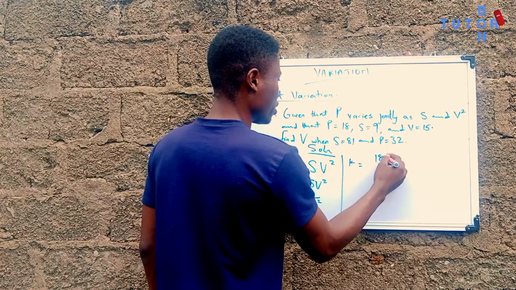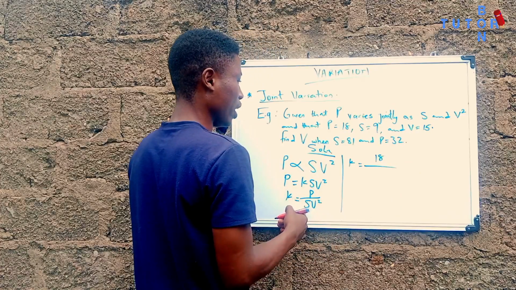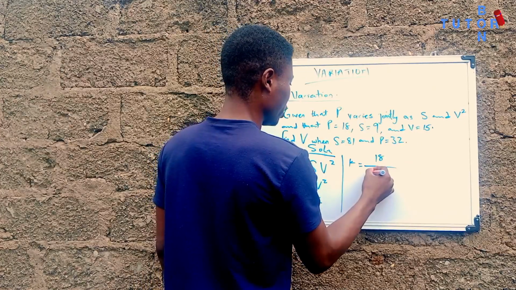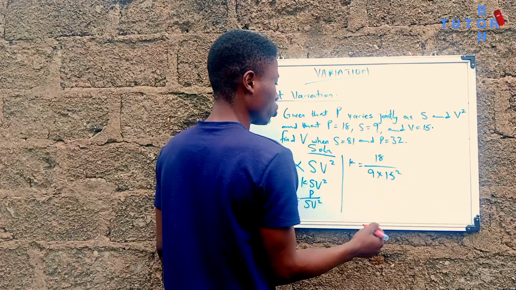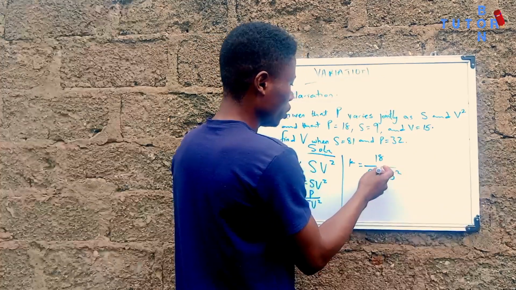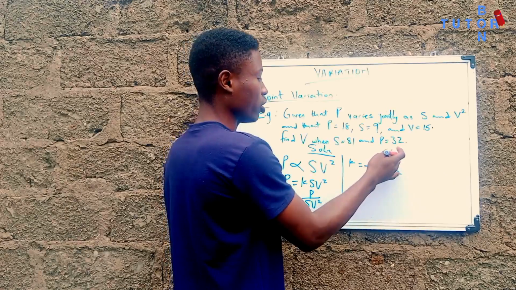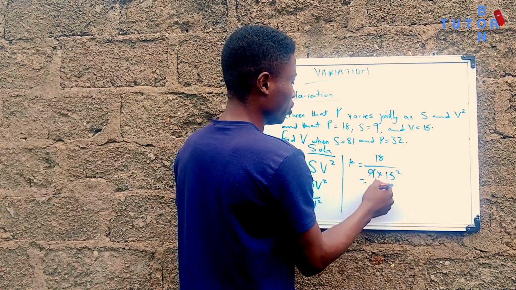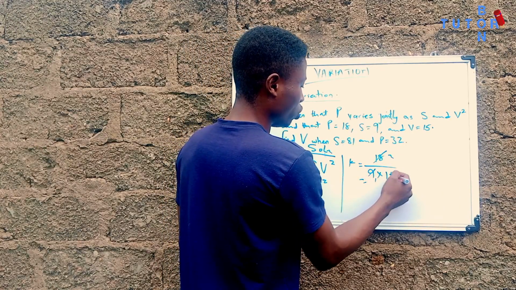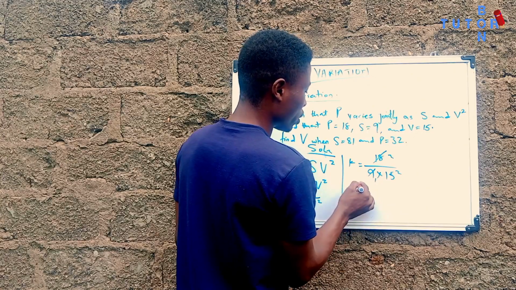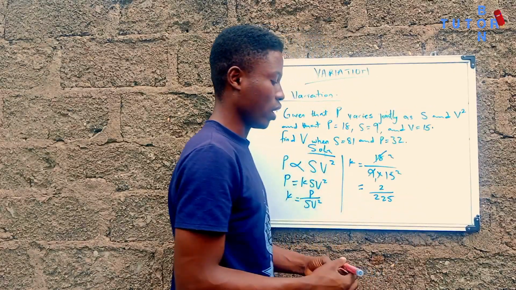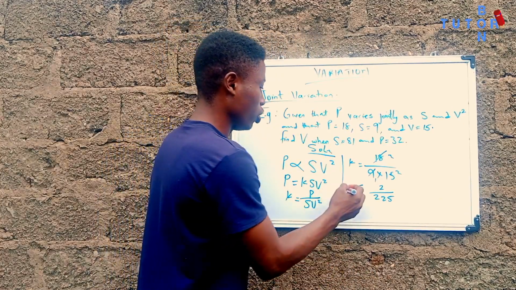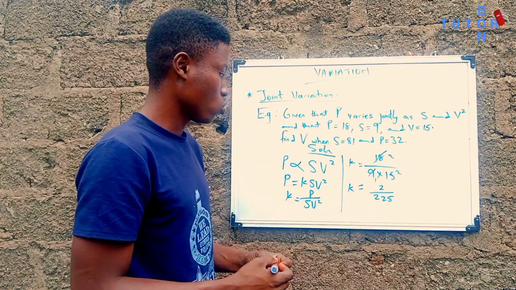Your p is 18 over your s, which is 9, multiplied by your v, which is 15 squared. 18 divided by 9, you have it to be 2, and your 15 squared is 225, so you have 2 over 225, and that will be your k. Your k is 2 over 225.